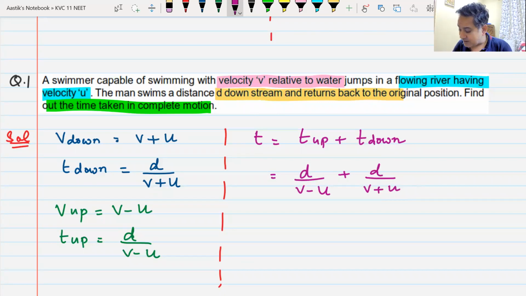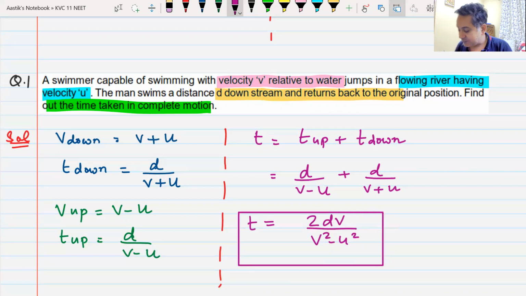Now you simply need to add it up by taking LCM. When you do this, you will get 2dv upon v square minus u square. That is the total time it will take to go downstream and then upstream. Do we understand this? Yes or no?